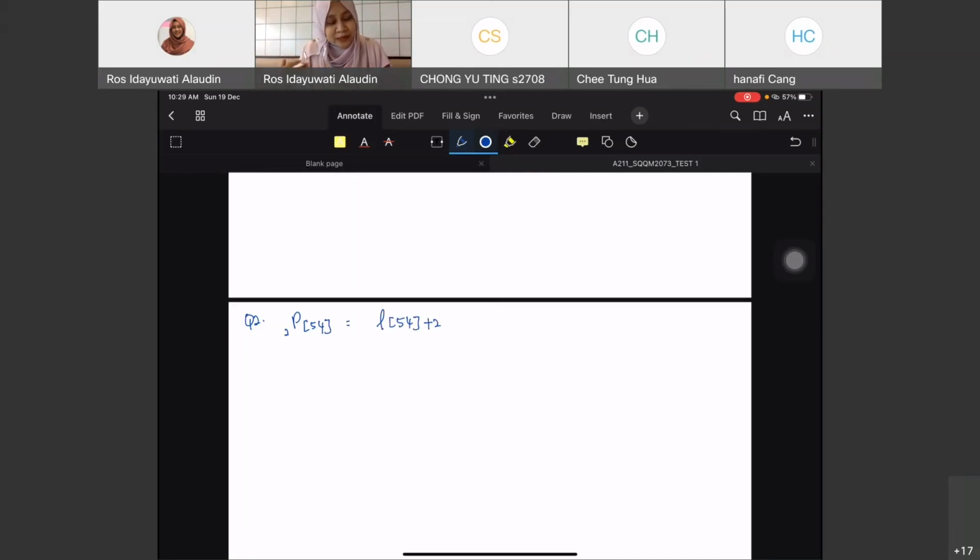Don't write 56 straight away, but you have to write it down like this. Because tPx is equal to l(x+t) over lx. For a normal or ultimate life table, you just sum up 54 plus 2 to become l56. But for the select life table, we cannot put it together.